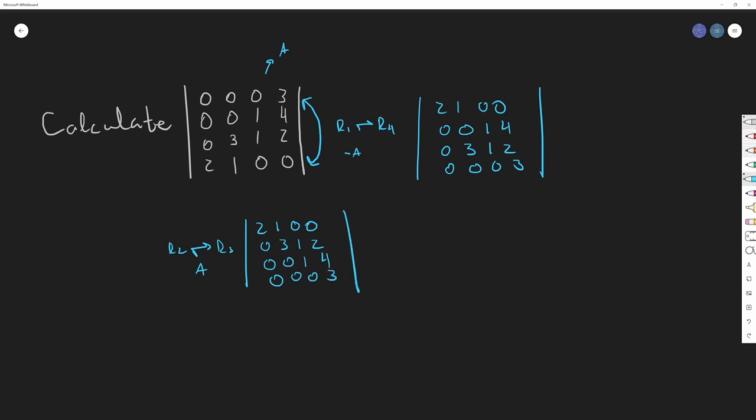And here we have a triangular matrix. If you recall, if the matrix is triangular, whether upper or lower, the determinant will literally just be the product of the diagonals. So the determinant would be 2 times 3 times 1 times 3, which is 6 times 3, which would be 18. And that's our answer to the second question.